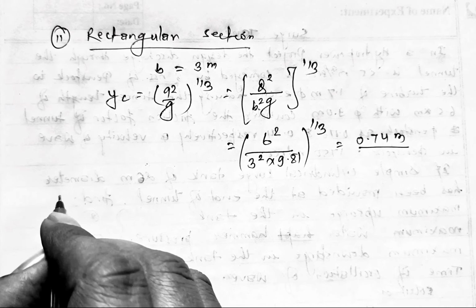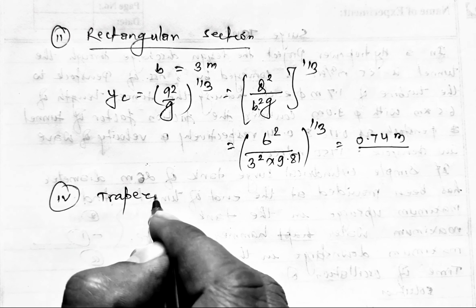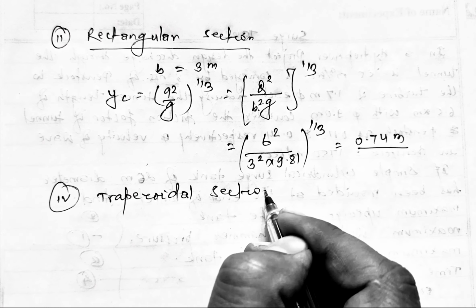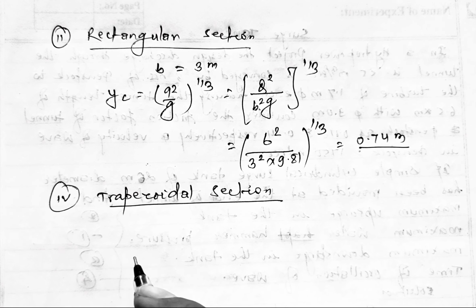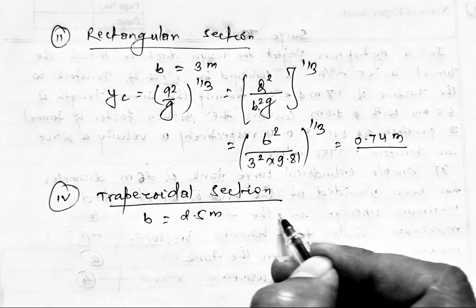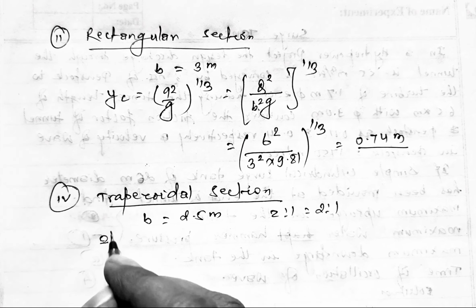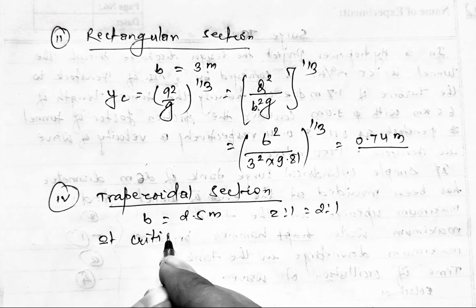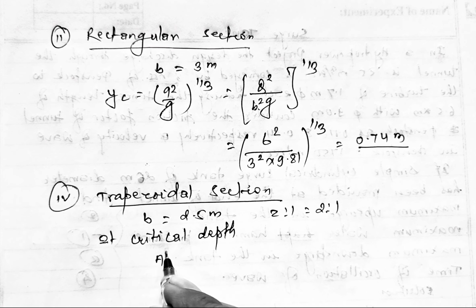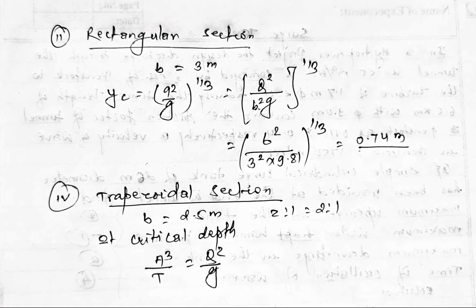Now in third, we'll go to the trapezoidal section. In the trapezoidal section, the bed width is given as 2.5 meter and side slope Z:1 is given as 2:1. So at critical depth, A cube divided by T equals Q square by g.